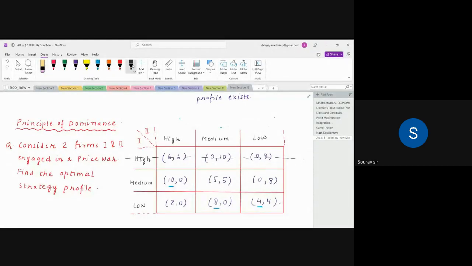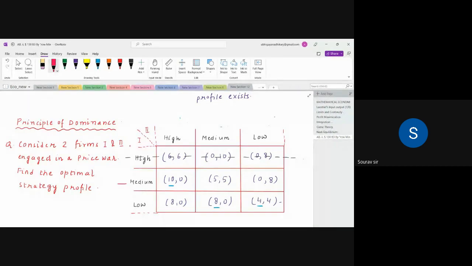If we fix the strategy of player one at medium, then what should be the optimal response of player two? Anyone? Low. Correct. And if we fix player one's strategy at low, then what should be the optimal for player two? Low.